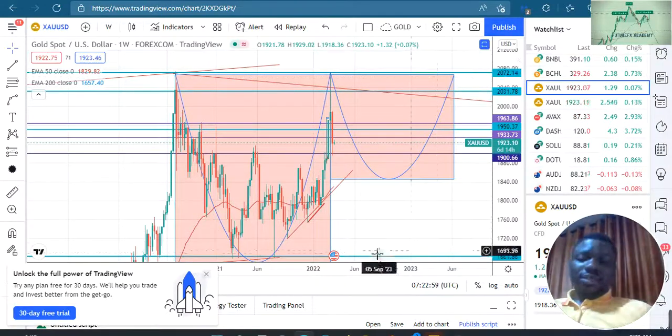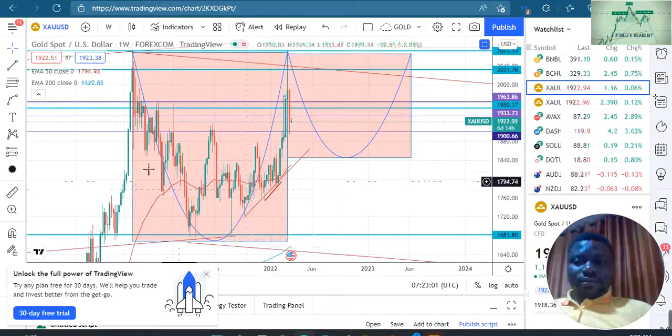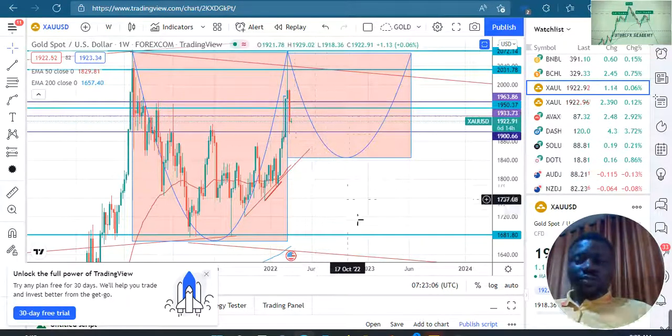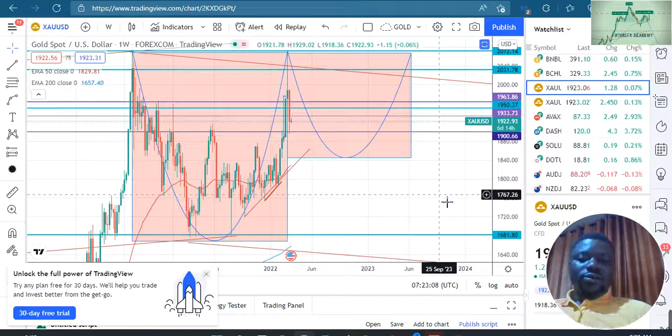Take the advantage of the market and you'll be fine. Wish you best of luck. So looking for more sell on this particular gold.